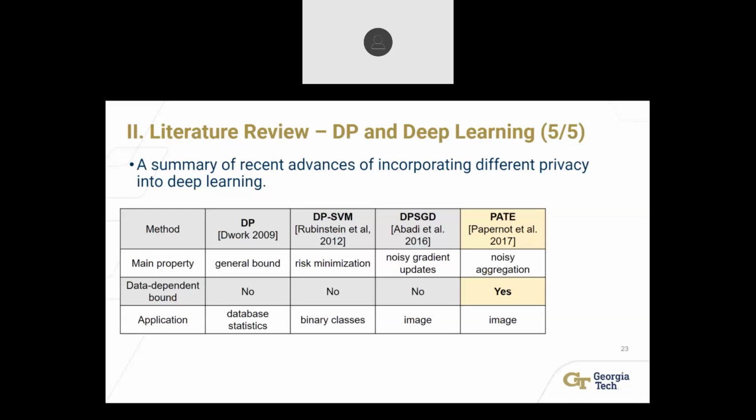For example, we use an aggregation mechanism. We use teacher ensemble learning to eliminate the noise perturbation on our data and maintain the privacy budget without hurting the model performance so much, and we can further access the data-dependent bound.